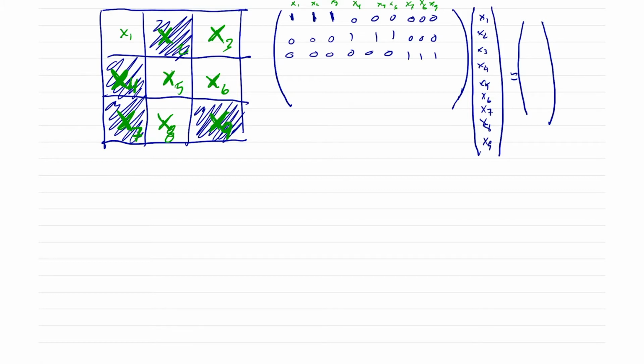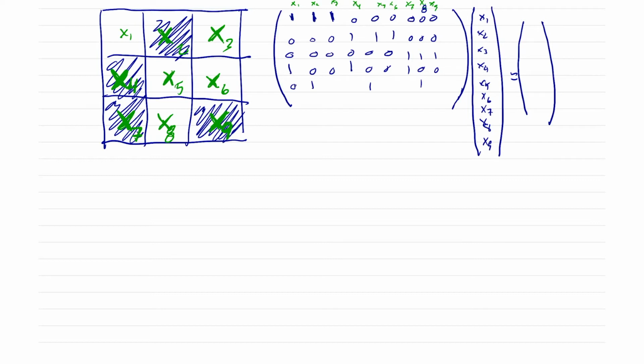Okay. So now let's see. If I want to add the first column together, I get x1, x4, and x7. So that's going to be a 1 here, a 1 here, and a 1 here, and everything else is zeros. If I want to add the second column, that is x2, x5, and x8.